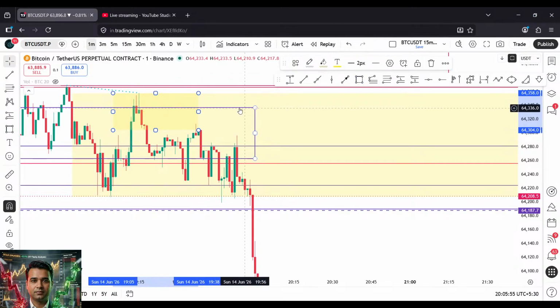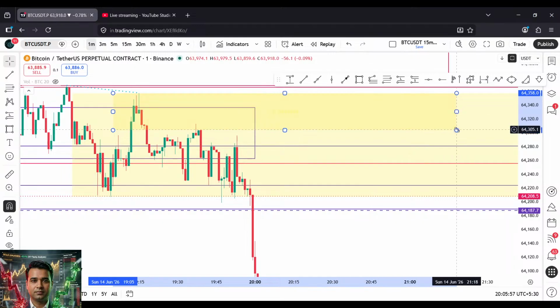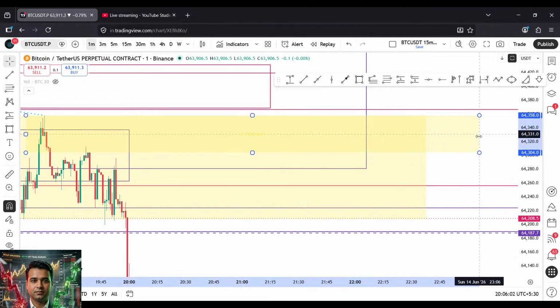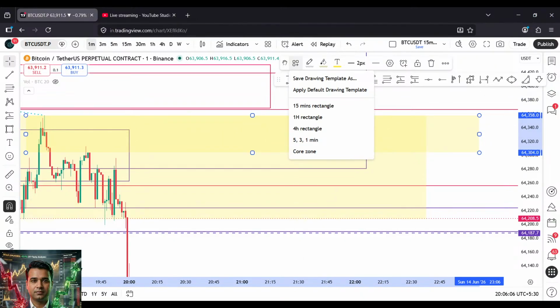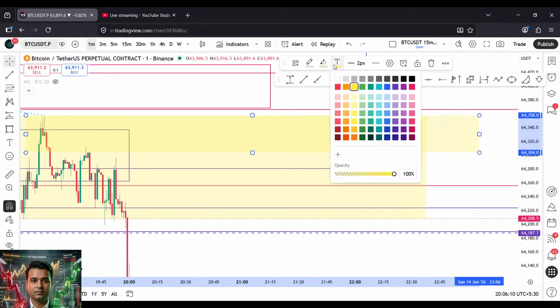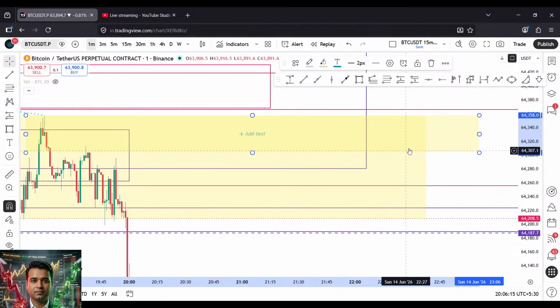Almost here. Like this. This zone. Let's color it with cyan. With this one.